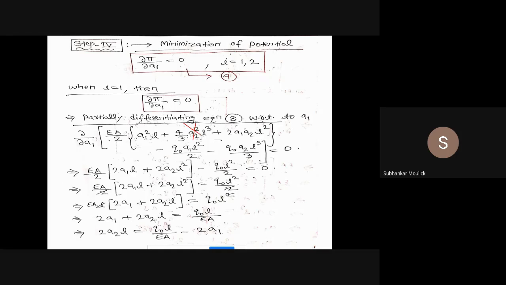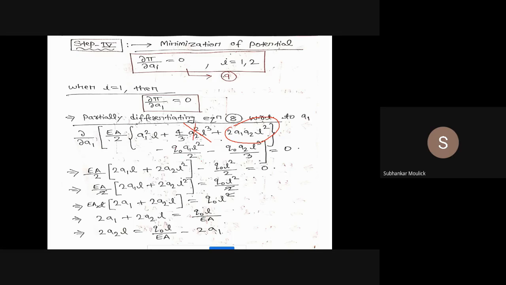This I will not take because only A2 is present. Then del by del A1 of 2A1 A2 L square. So it will be 2 times A2 into L square, because del by del A1 of A1 is constant. So 2 times A2 into L square, minus del by del A1 of this particular term.